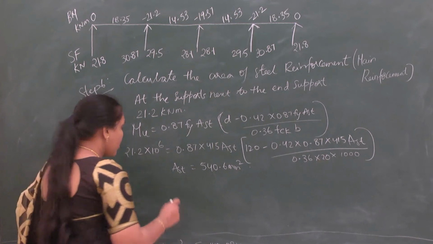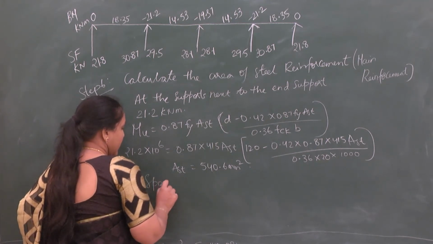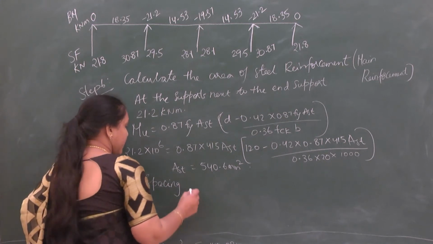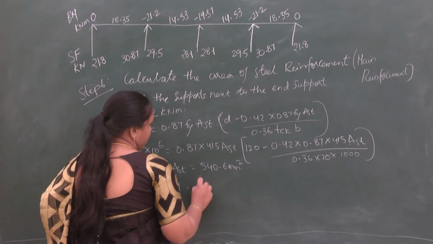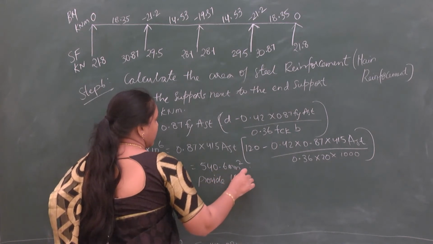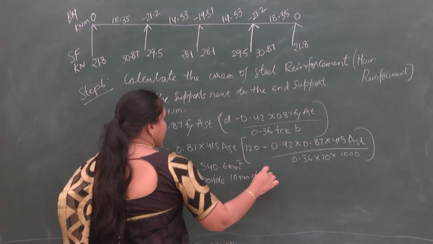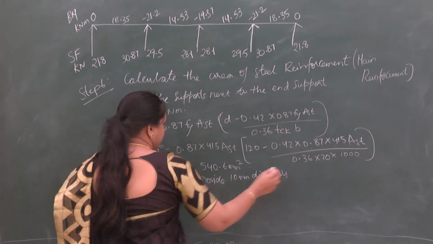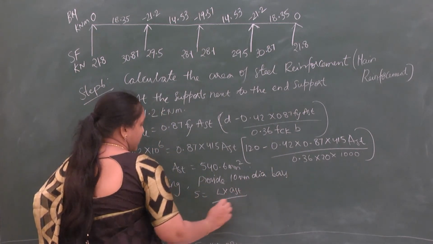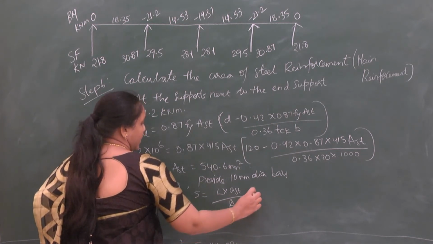Now what is the next thing we have to do? We have to calculate the spacing. So how will we calculate the spacing? Here also we provide 10 mm dia bars. So S will be L into small AST divided by capital AST.